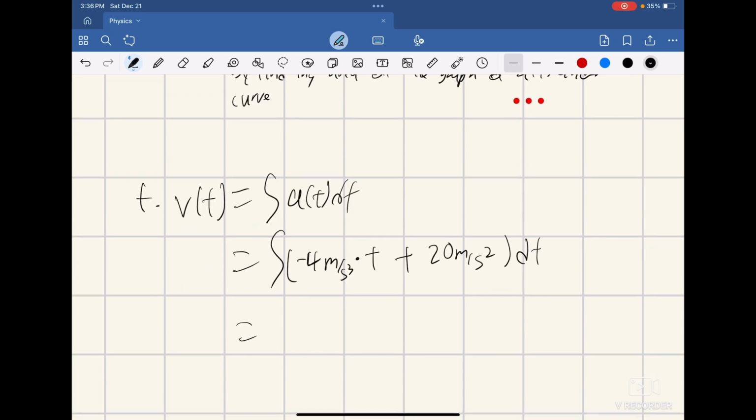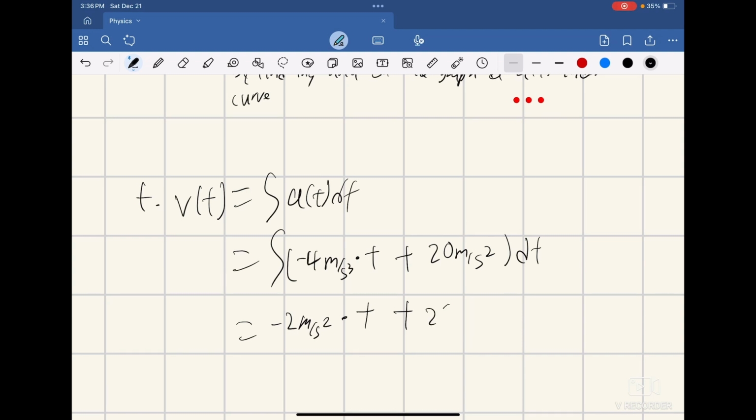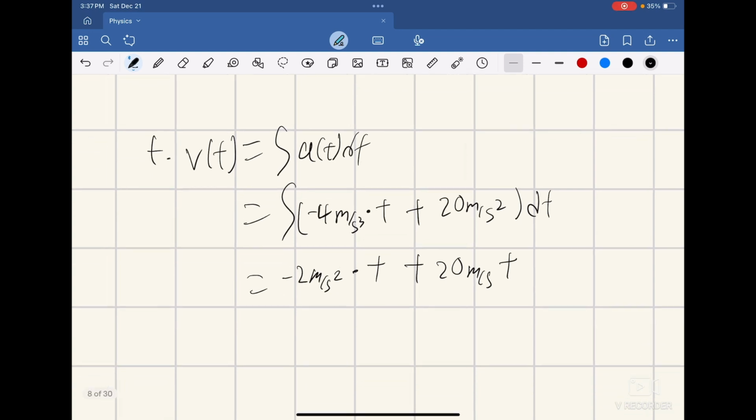This simplifies to negative 2 meters per second cubed times t squared plus 20 meters per second squared times t plus c. As we stated earlier, c would just be 0, so we won't put that. And so that is our formula for the velocity function. Wait, that seems a bit weird.